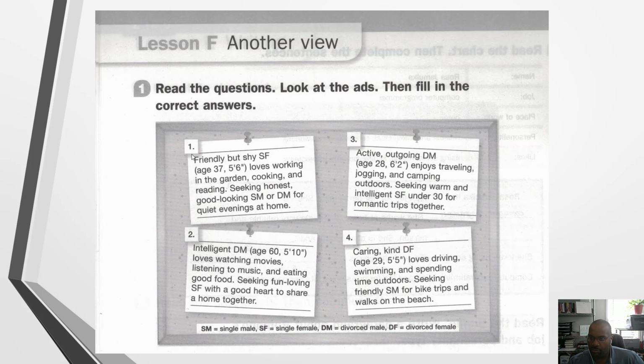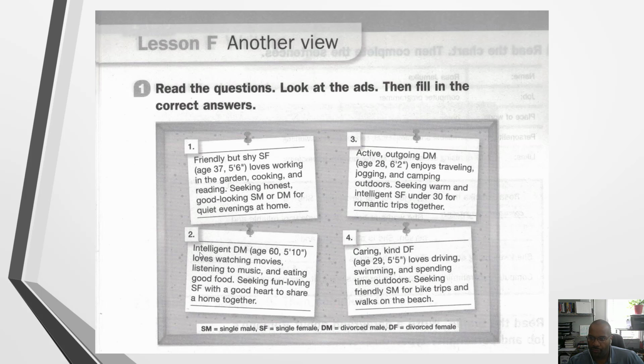All right, so let's look at number 1. Friendly but shy, single female, age 37, 5'6", loves working in the garden, cooking and reading. Seeking honest, good-looking SM, which is single male, or DM, which is divorced male, for quiet evenings at home.